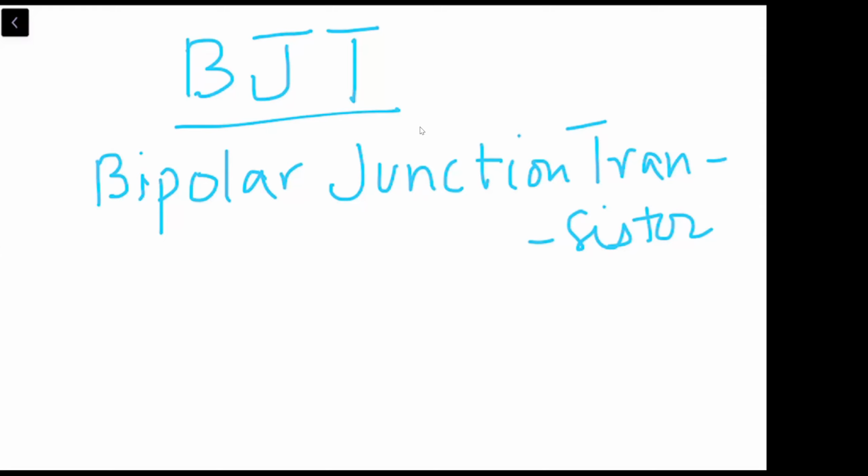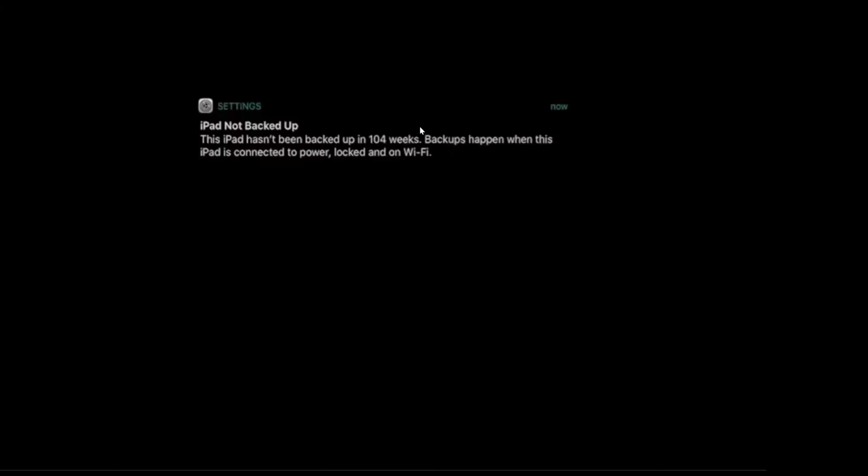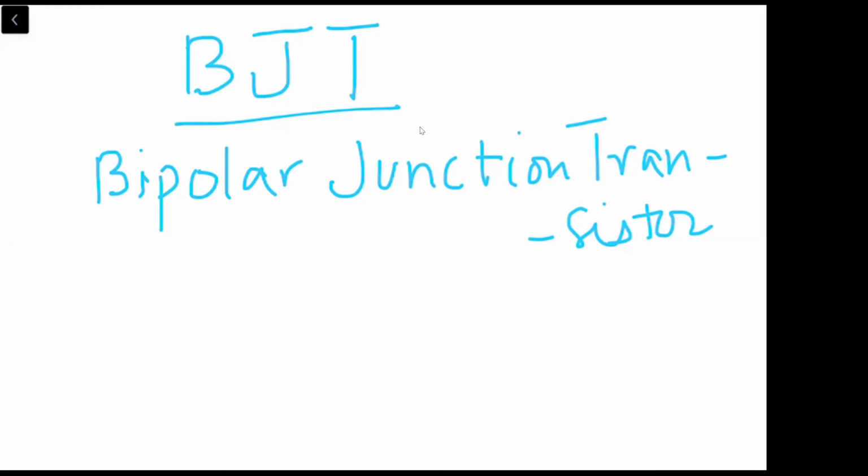Okay, so in case of a transistor, if you remember, we have basically a diode. A diode has a junction.